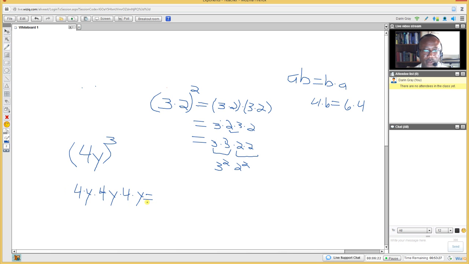And we know from the commutative property, that's 4 times 4 times 4 times y times y times y. And again, we know this is 4 to the third, and that other one will be y to the third.